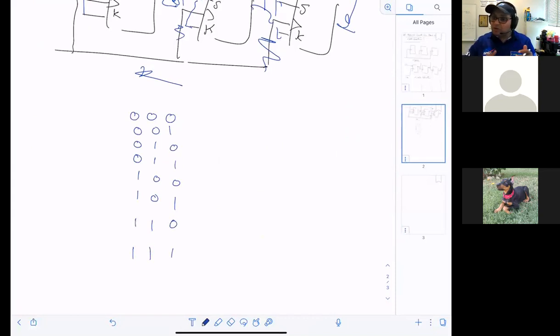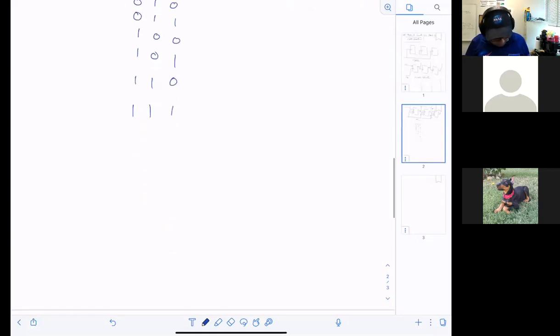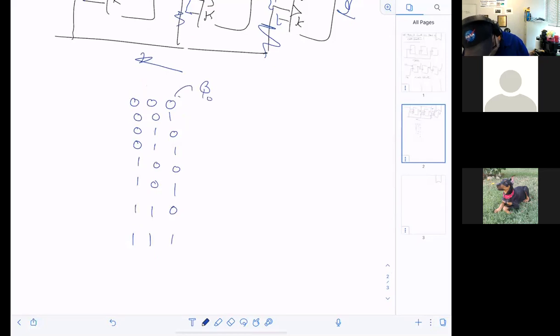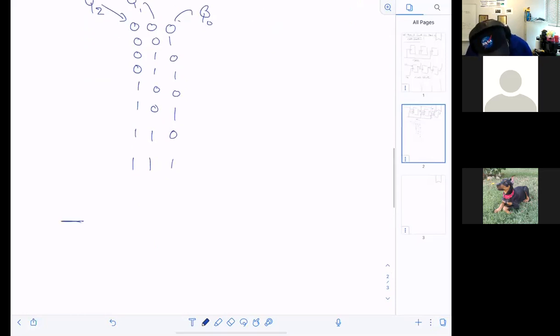These 1s and 0s are actually drawing what? Clock, right? Do you agree? Look at the waveform, right? Let's say this is Q0, this is Q1, this is Q2. Sounds good?